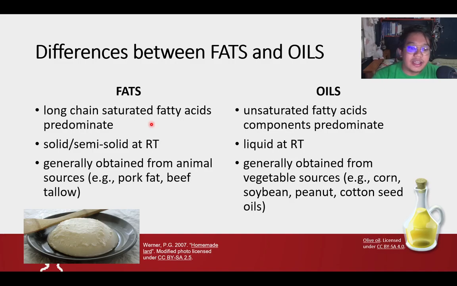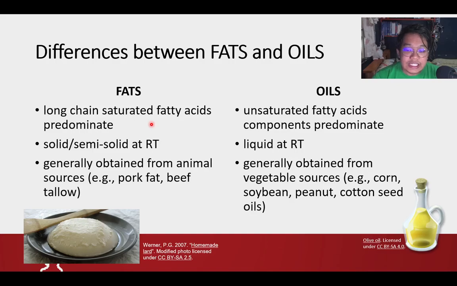Generally, they are obtained from animal sources, so animal fats. So we have pork fat and beef tallow. Okay? Then for oils, these are unsaturated fatty acids. Unlike fats, oils are unsaturated. By unsaturated, it means there are double bonds present in the long hydrocarbon chain of the R group of our fatty acid.